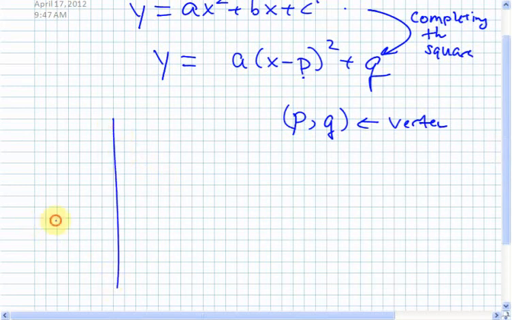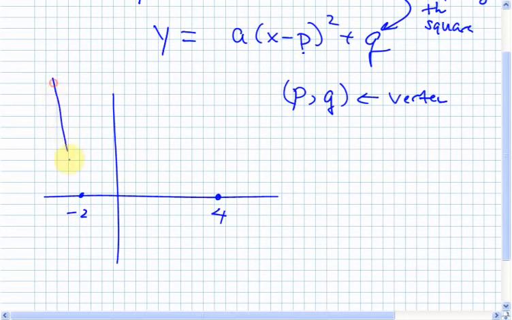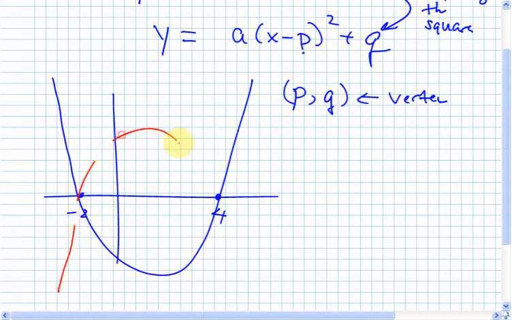Hey, I have two x-intercepts, 4 and -2, right? And we know that if I draw a parabola, it will look something like this, right? Can it go downward? Oh, you're right. Good point. It can go like this. Good question. So which one is it for our example right here?